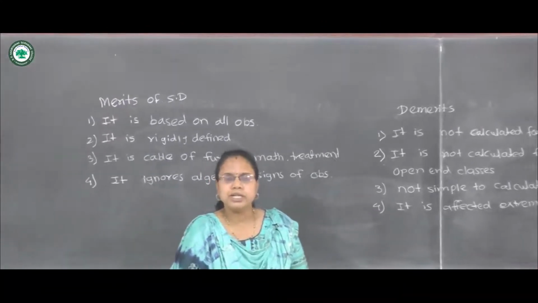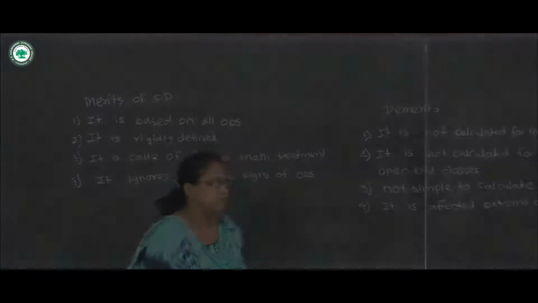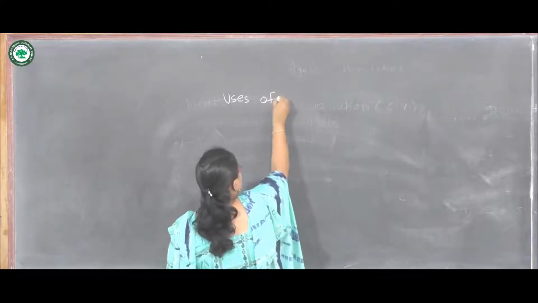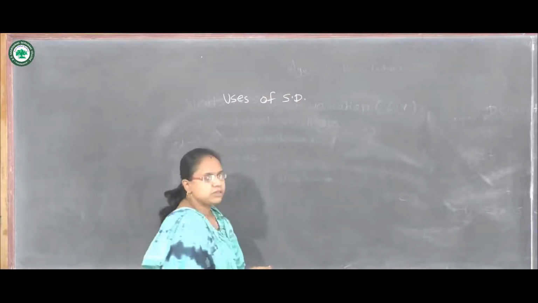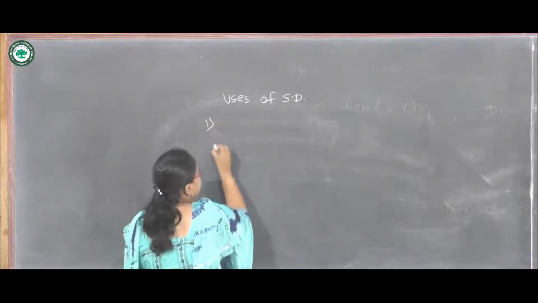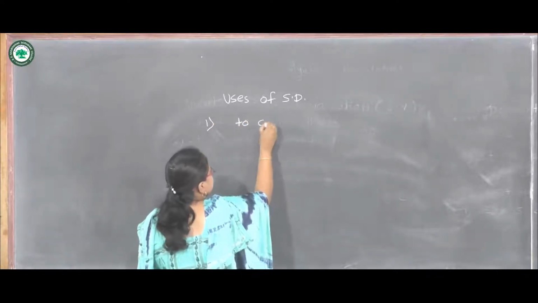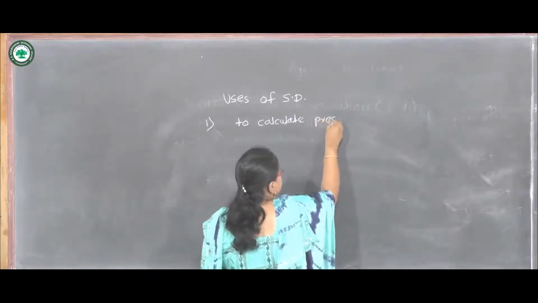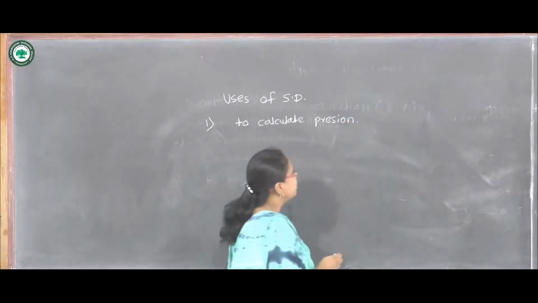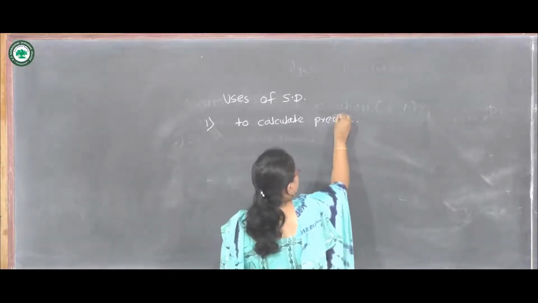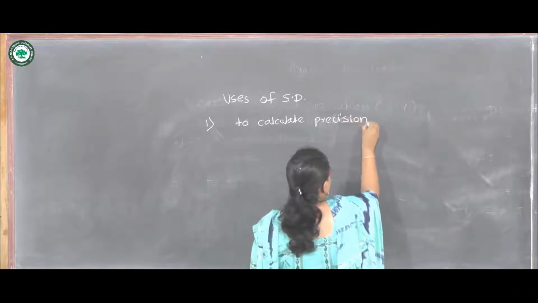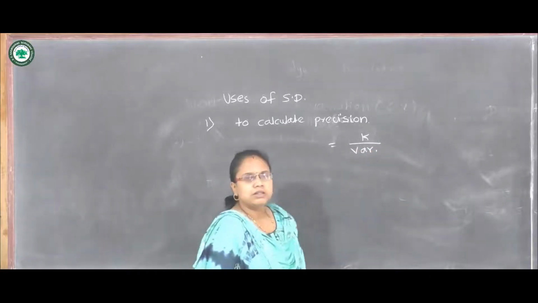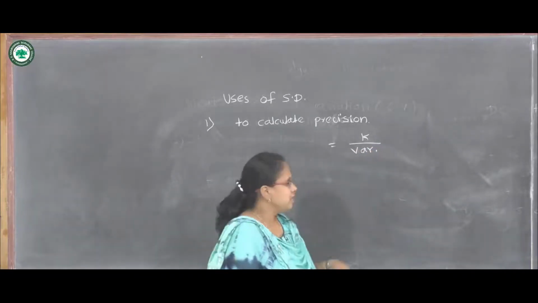Now we will see some applications or uses of standard deviation. There are many uses, one of which is to calculate precision. To calculate the precision of data, the formula is K upon variance, where we calculate standard deviation from variance.